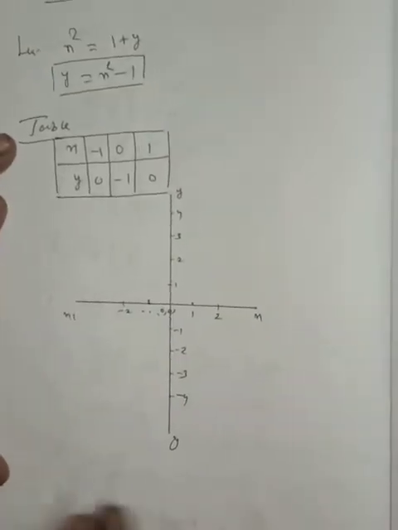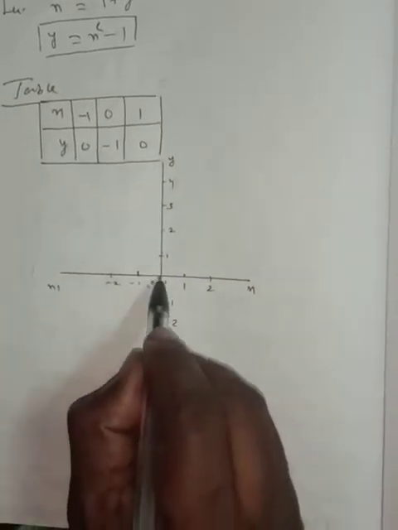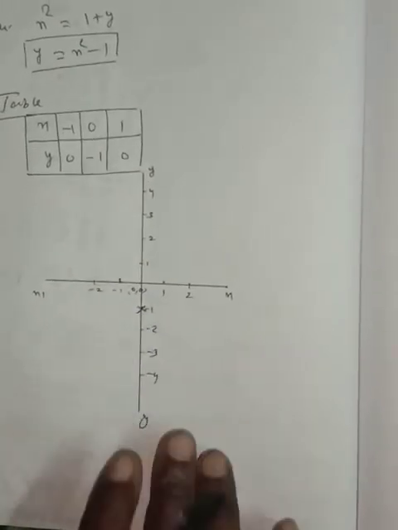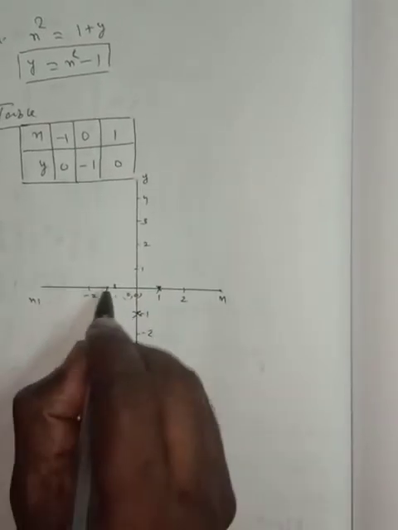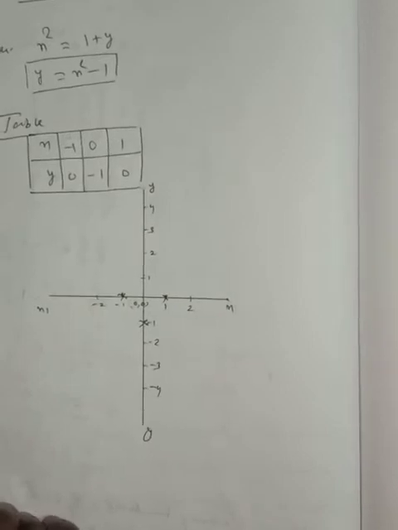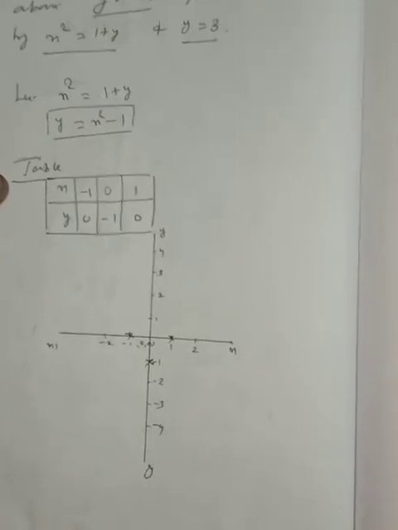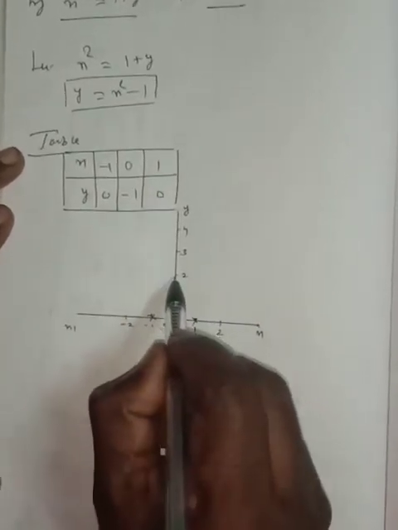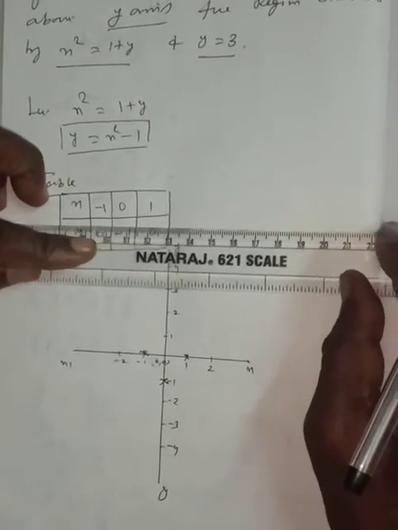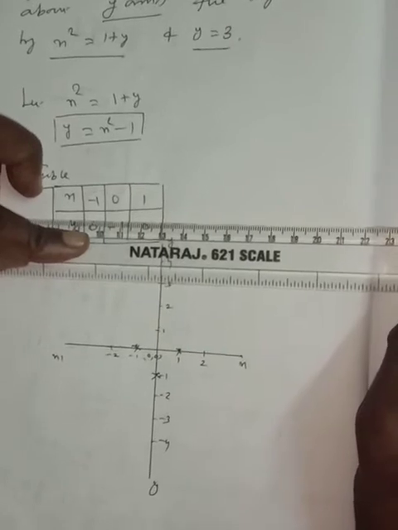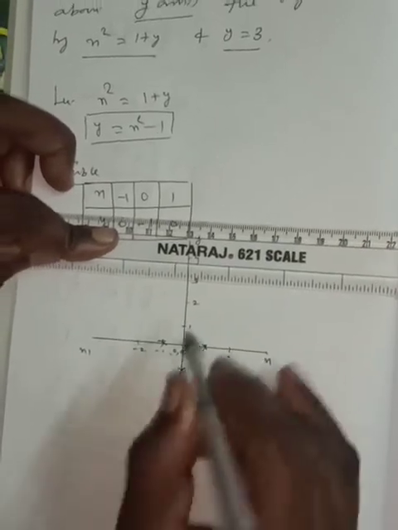We have to take the table: 0, minus 1; next 1, 0; next minus 1, 0 on the left hand side of the x-axis. Okay. Now y is equal to 3, parallel to which axis? Parallel to the x-axis. y is equal to k means parallel to the x-axis. x is equal to k means parallel to the y-axis. Okay.